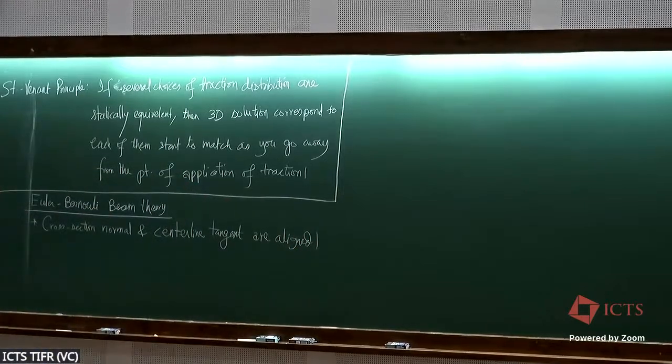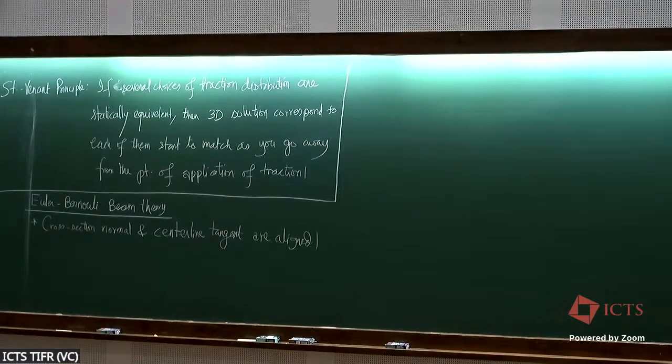Remember, we said that beam theory is the mechanics of center line and cross-section orientation. Now, in this theory, both are aligned, which means the two variables become one single variable. Once you know the center line, you can know the cross-section orientation.